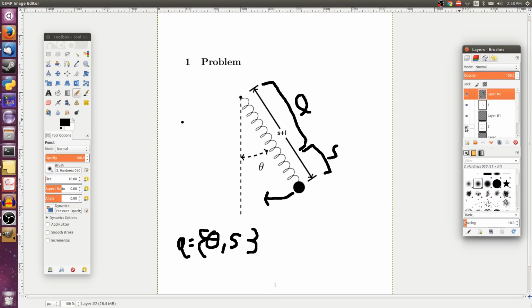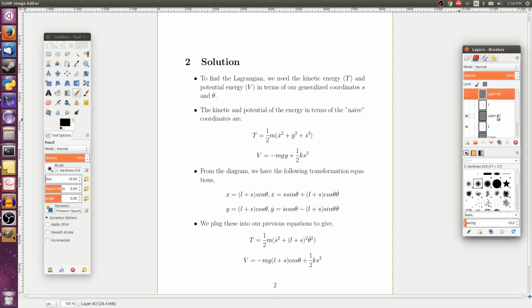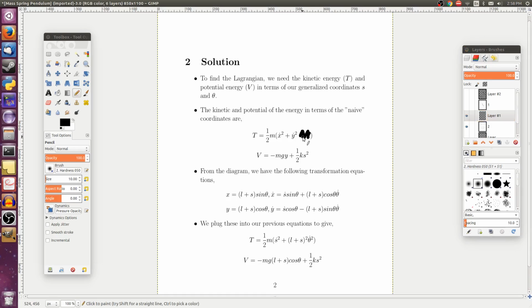However, when we want to actually put this into our Lagrange equation, we're going to run into some problems because it's very easy to write out the energy of the system in terms of our original coordinates.